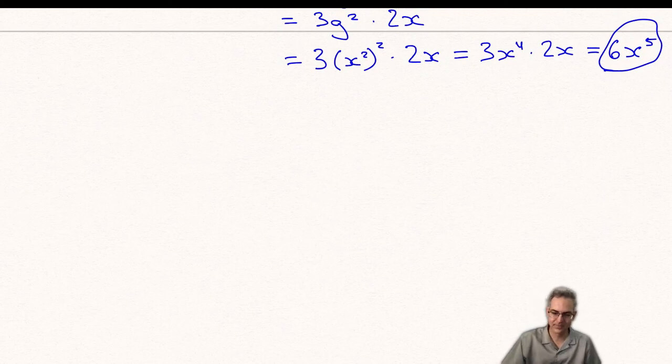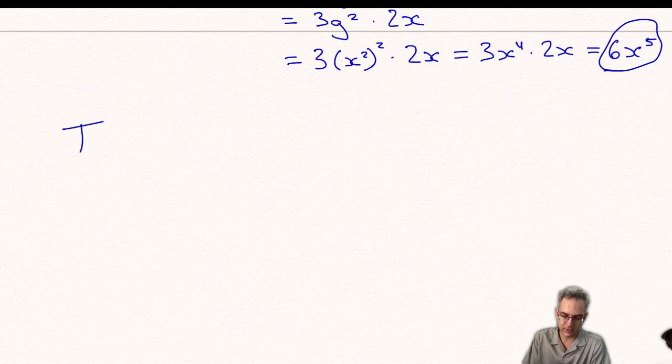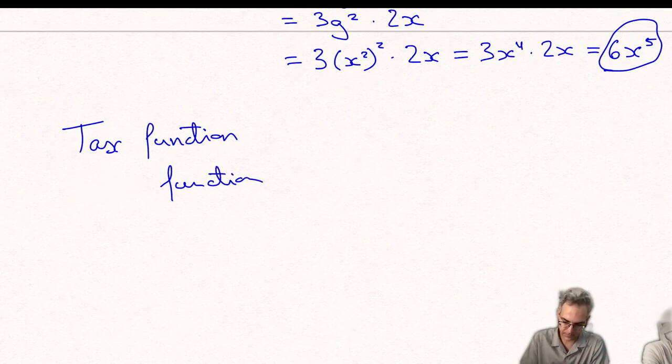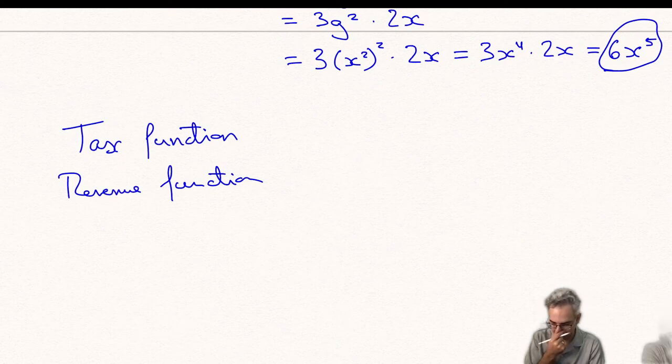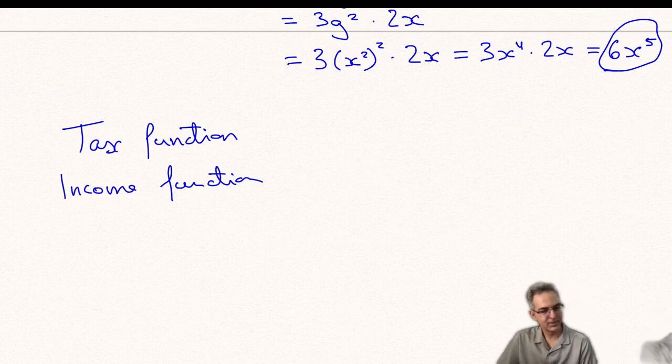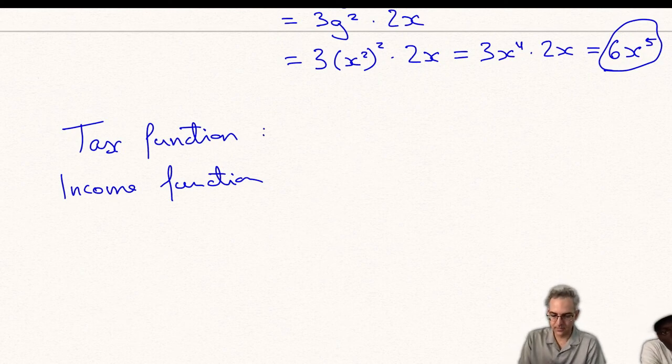Let's say we have a tax function, and you have a sales function or revenue function. Actually, income, because you're taxed on your income. If you're a firm, you're taxed on your income.